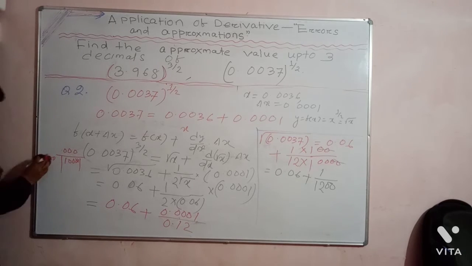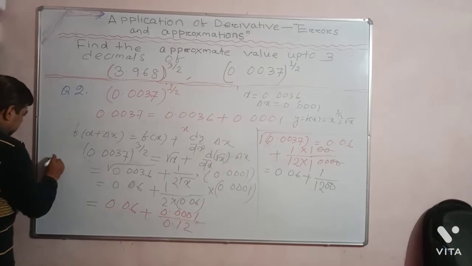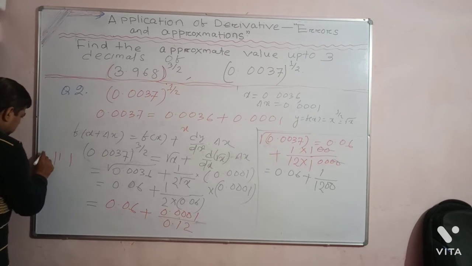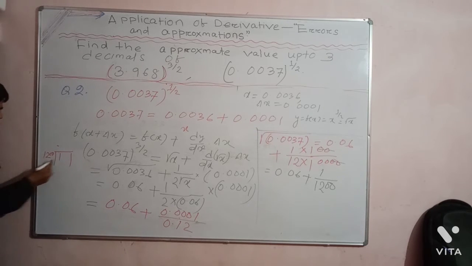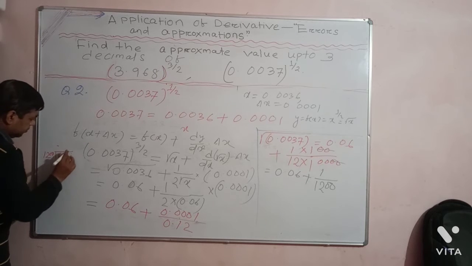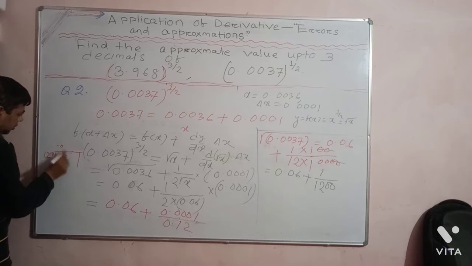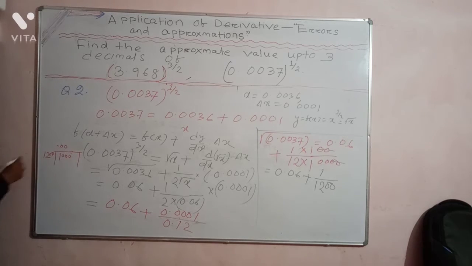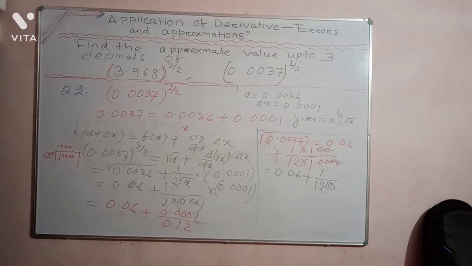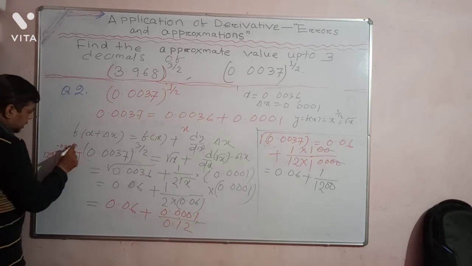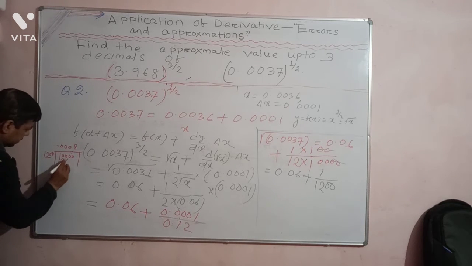You see now 1 upon 1200. After the decimal point, you can put 1 0. Again 1000 is less than 1200, so put another 0, making 10,000. Understand? 12 eights are 96, 9600.